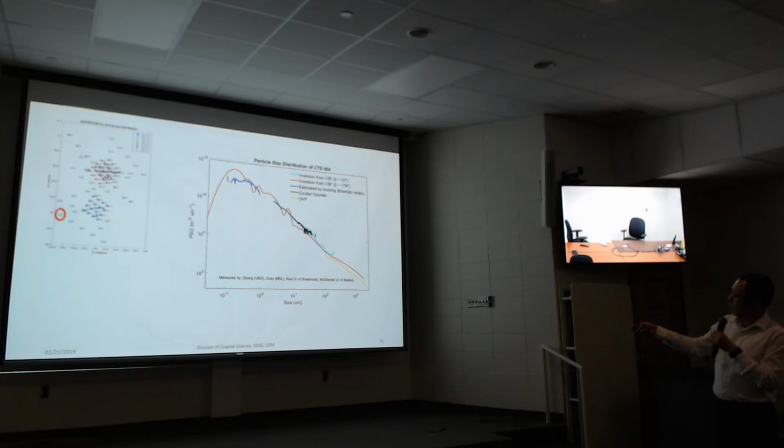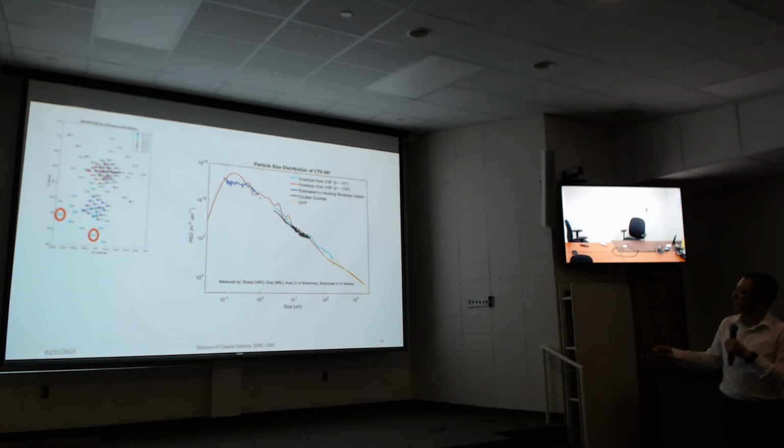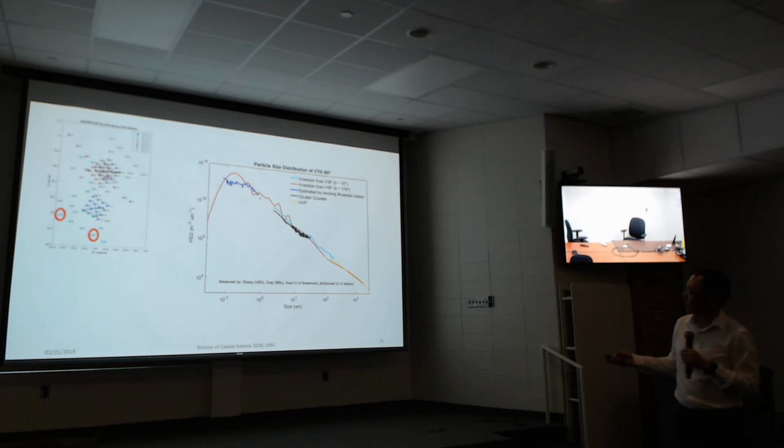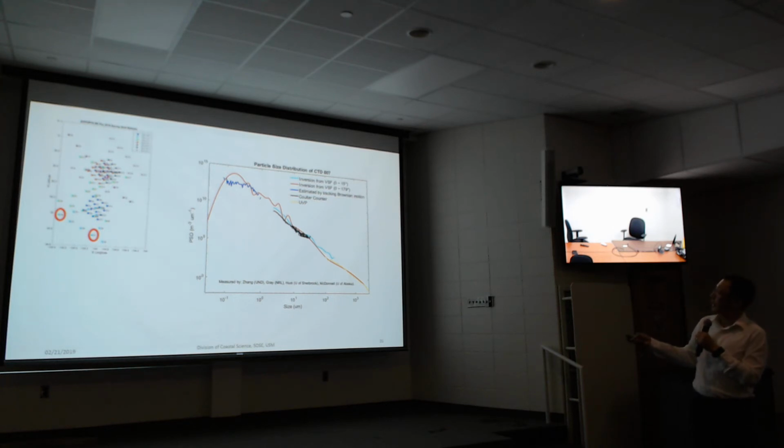You see the different colors obtained by different instruments, and if you lay them together, they agree with each other pretty well. This one is at this station, and this one's at this station. We are still analyzing this, and this project is funded by NASA EXPORTS. So now we see we can get this particle size distribution very well.